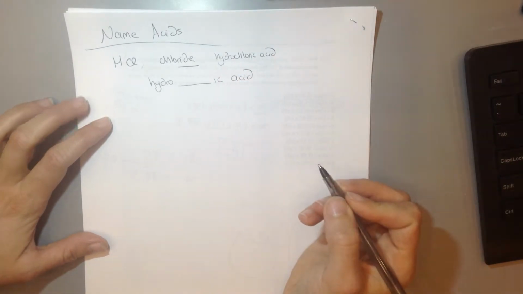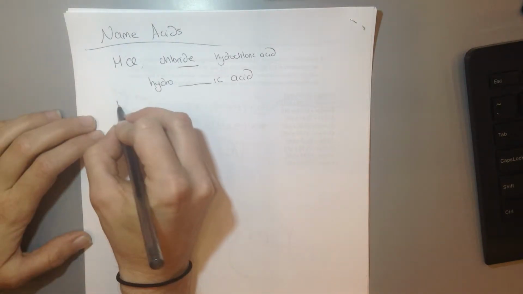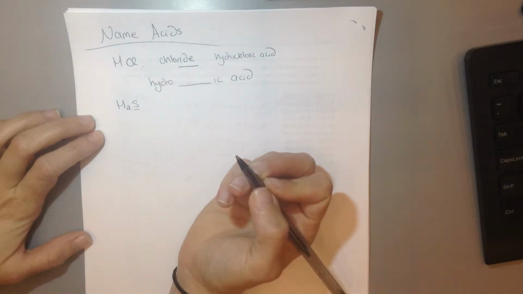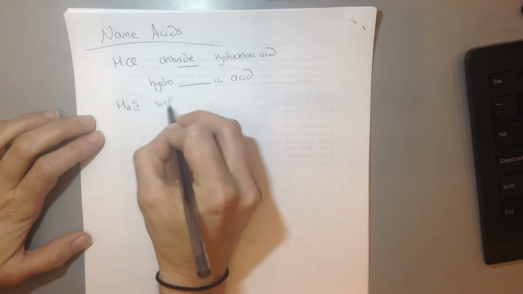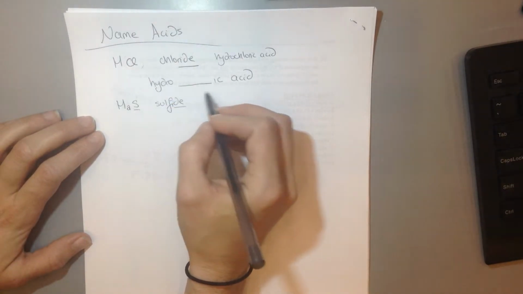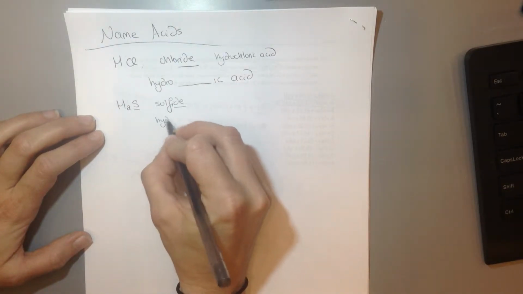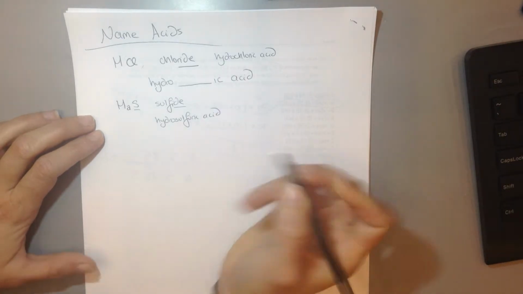By the same token, that example we had just earlier, H2S, what would S be just by itself? Sulfide. It has an "ide" ending, so it follows the hydro something something ic acid rule. So it becomes hydrosulfuric acid. Okay.